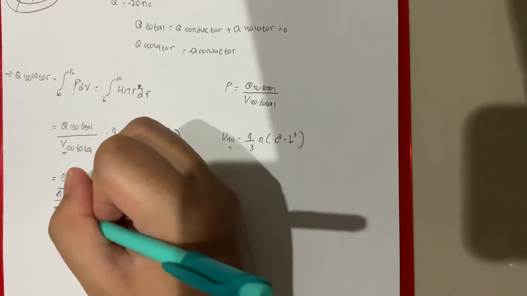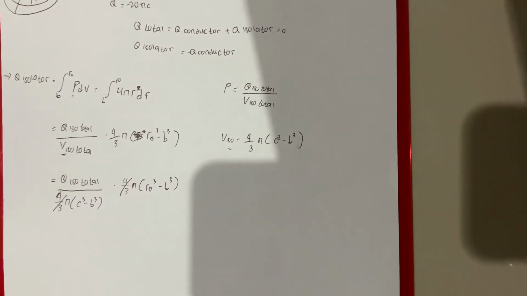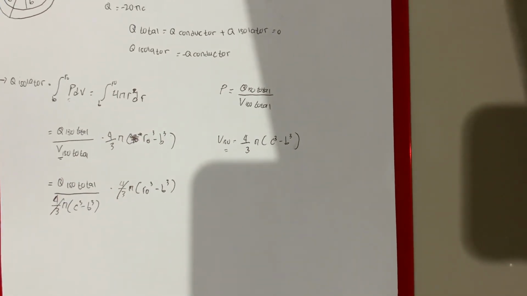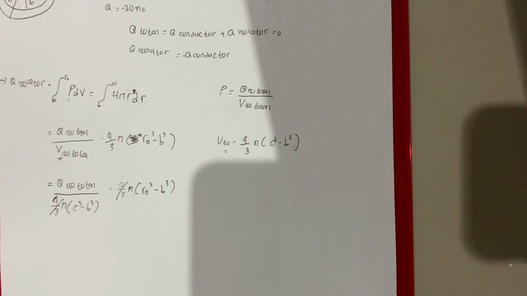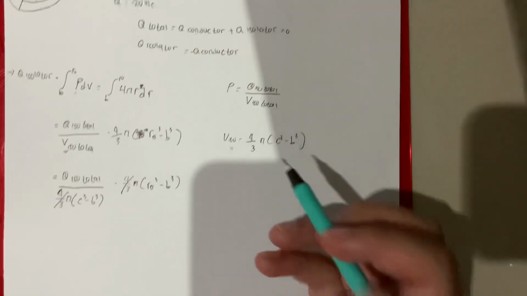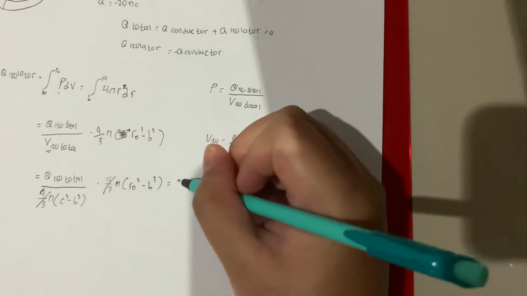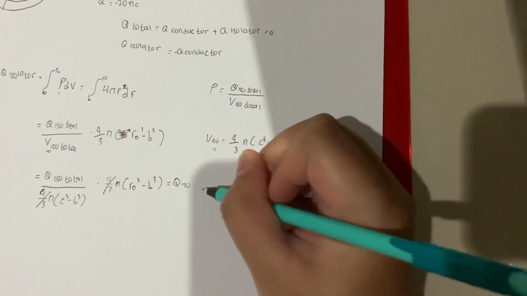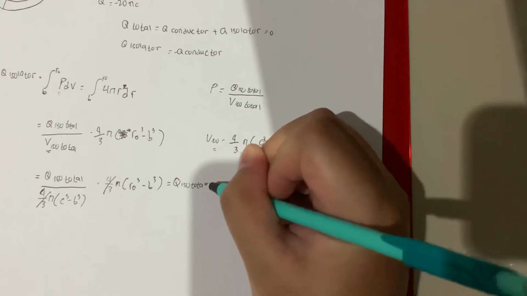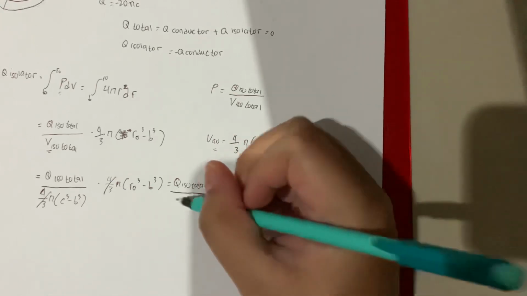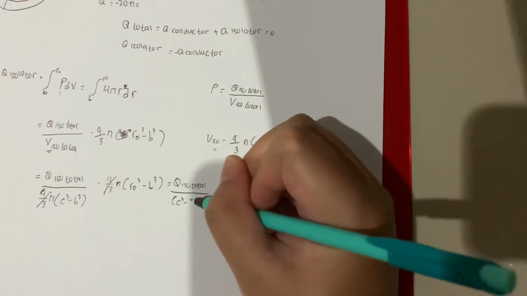After that, we can eliminate the 4 over 3 pi on both sides. So the equation becomes the total Q isolator divided by c cubic minus b cubic, times r0 cubic minus b cubic.